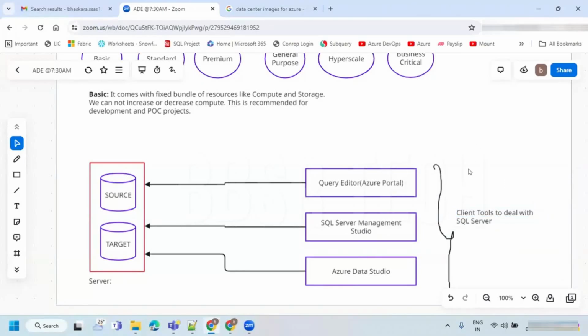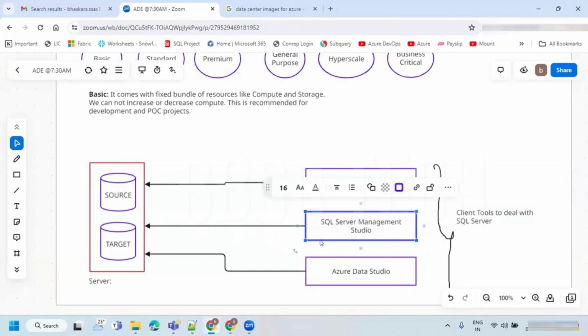The query editor is specific to the Azure portal SQL Server, but the other two will be used for any kind of SQL Server, whether on-prem or cloud. Here we are taking a cloud SQL Server. You can also use an on-prem SQL Server and connect using SQL Server Management Studio. This is very, very important and we are going to use it very frequently.